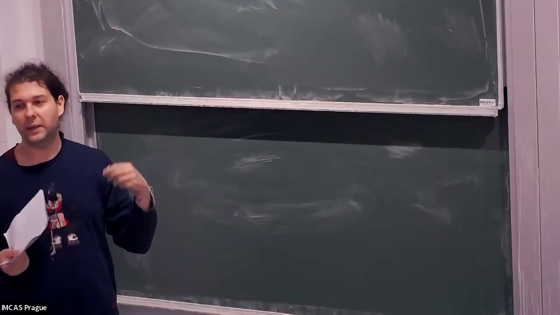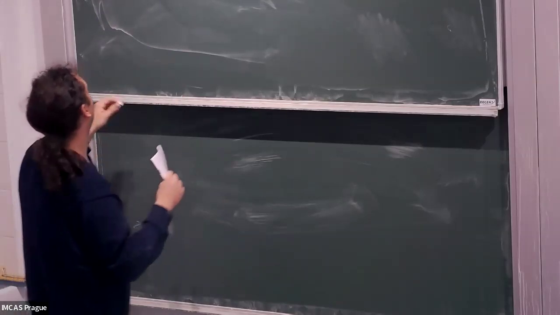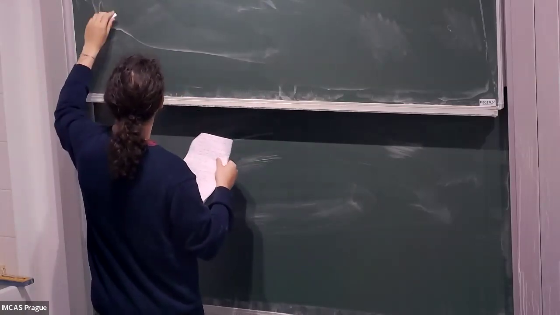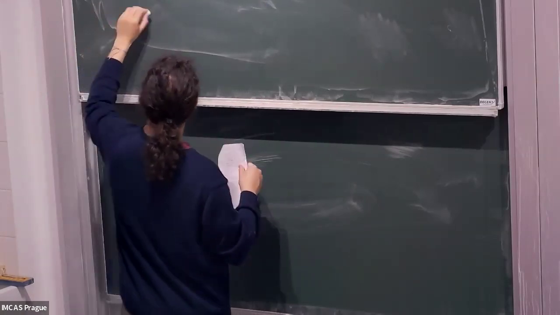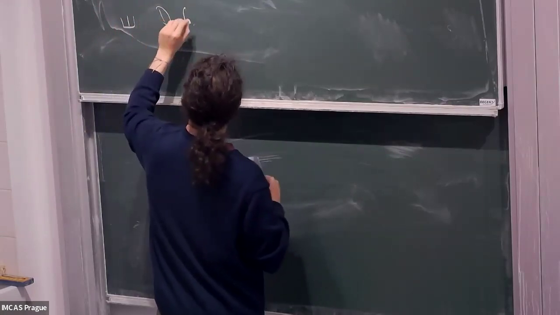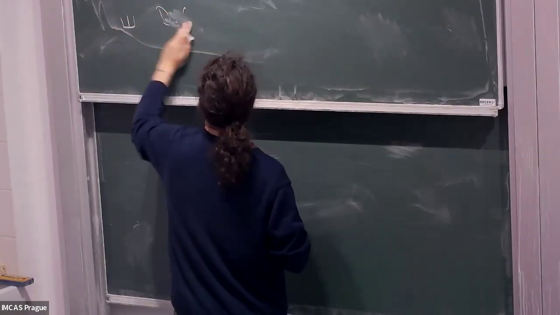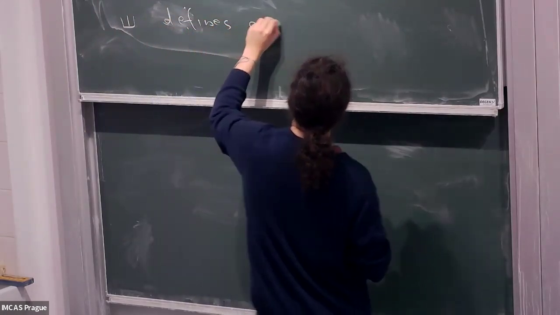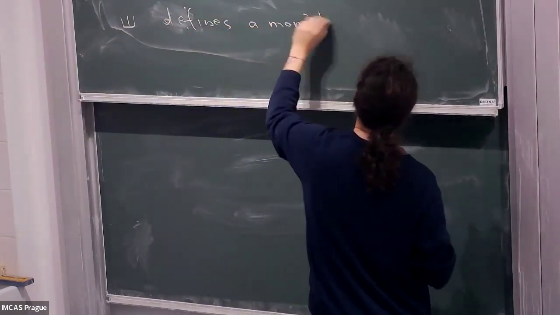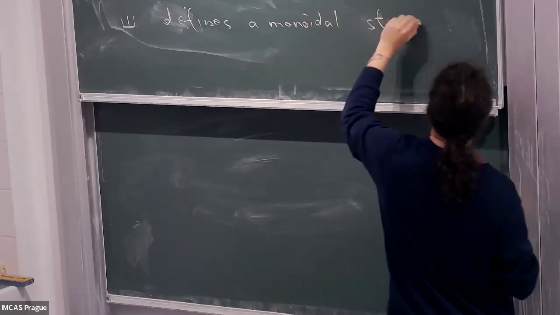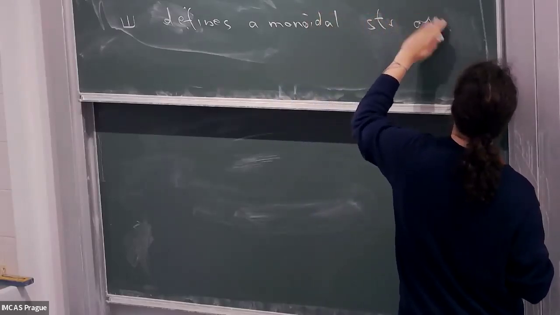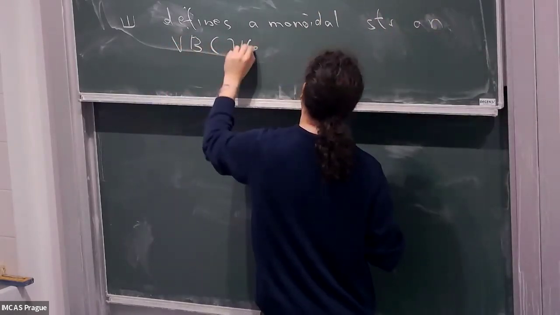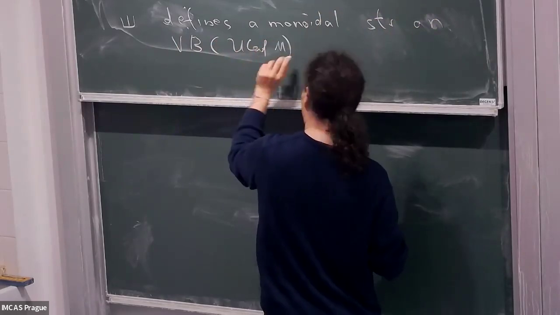And this turns out to be a monoidal structure on vector bundles over uconf. So shuffle defines a monoidal structure on vector bundles over uconf M.